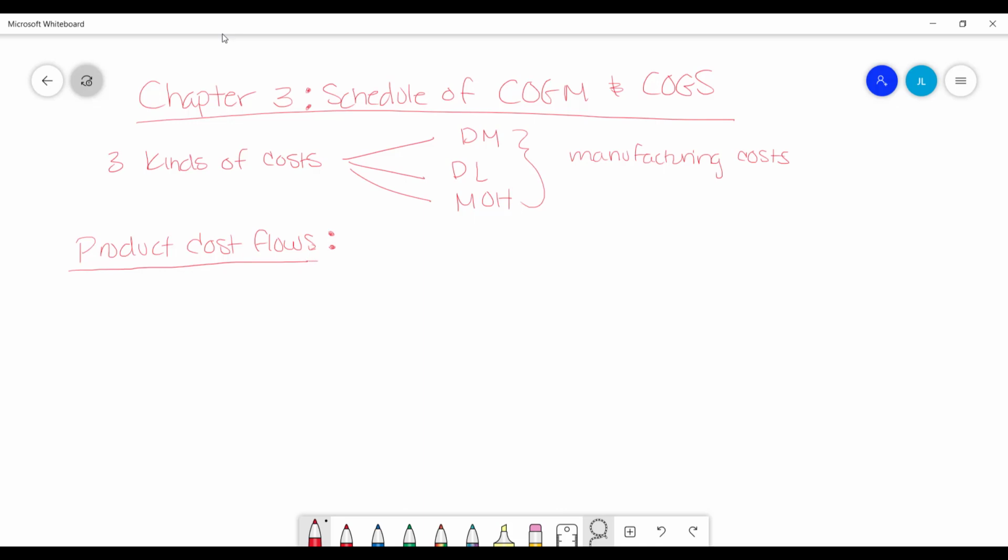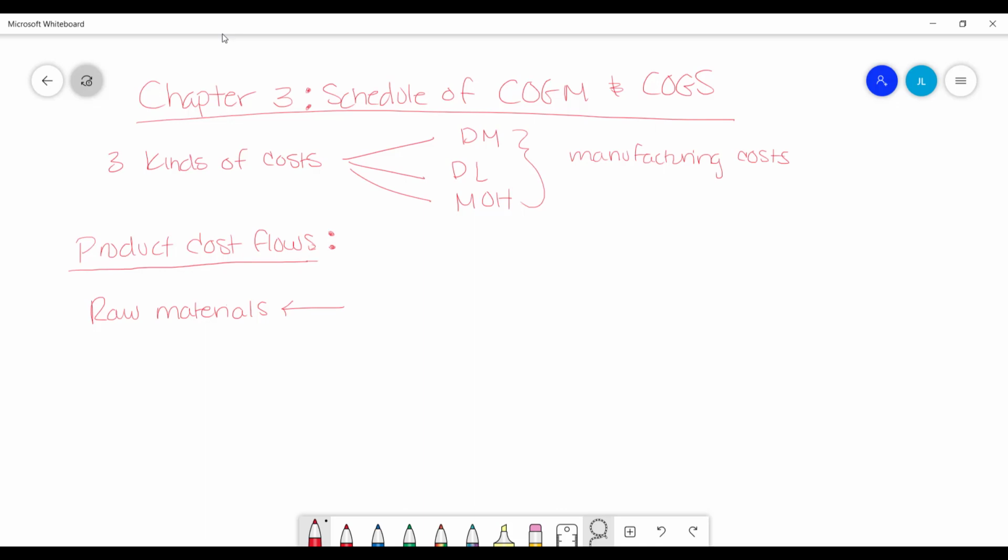All right, so the first thing that we want to look at is raw materials. This raw materials account: when we buy extra raw materials, they're added to whatever the beginning balance was in that account.